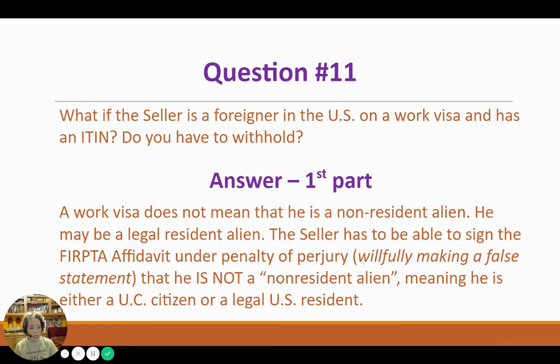Now, the seller has to be able to sign the FIRPTA affidavit under penalty of perjury, which, if you remember, perjury means willfully making a false statement. So he has to sign the affidavit under penalty of perjury that he is not a non-resident alien, meaning that he is either a U.S. citizen or he is a legal U.S. resident.